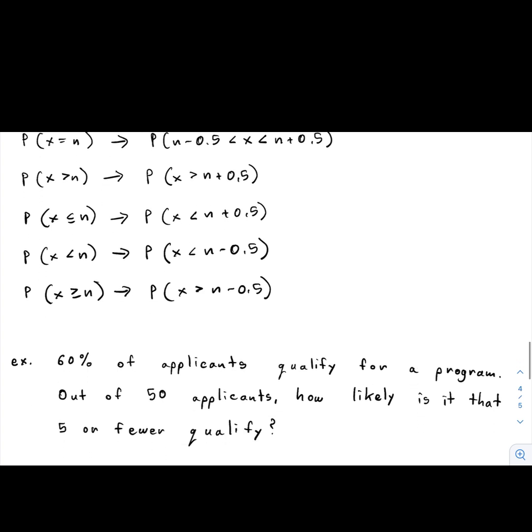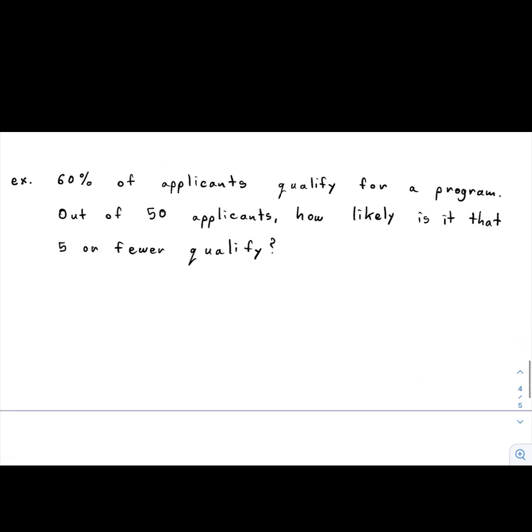So, jumping back to our example from before with our binomial distribution, we still have a probability of success of 60% or 0.6. We still have a sample size of 50, and we still care about five or fewer successes. Well, first, let's make sure that our criteria are met.